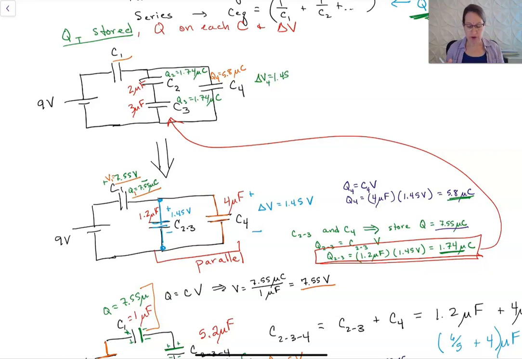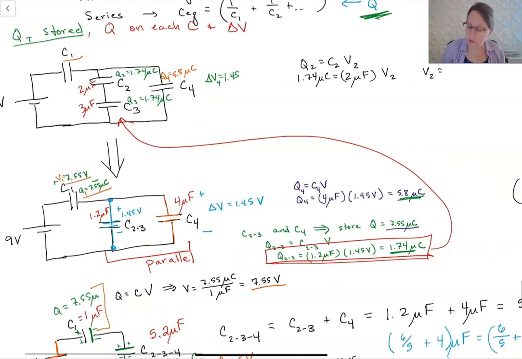So then we can find the voltage on each of those, right? So we can use, again, Q2 equals C2 V2, right? And Q2 we know is 1.74 microcoulombs. C2 was 2 microfarads. And so now we can find the voltage for 2. And the voltage for 2 is equal to 0.87 volts.